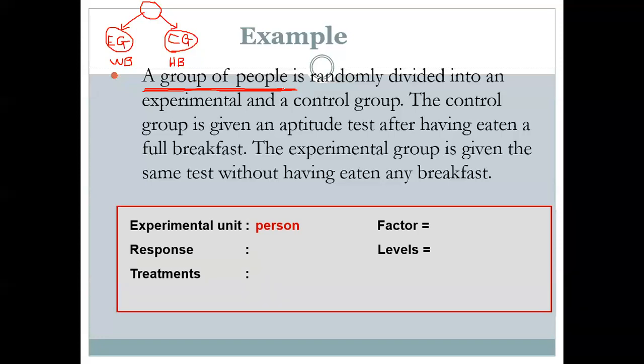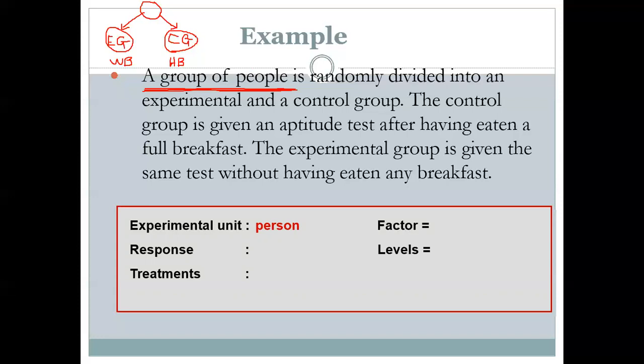So factor is referred to the independent variable. So what is the independent variable in these questions? In this question, both groups are tested when they have breakfast and without breakfast.